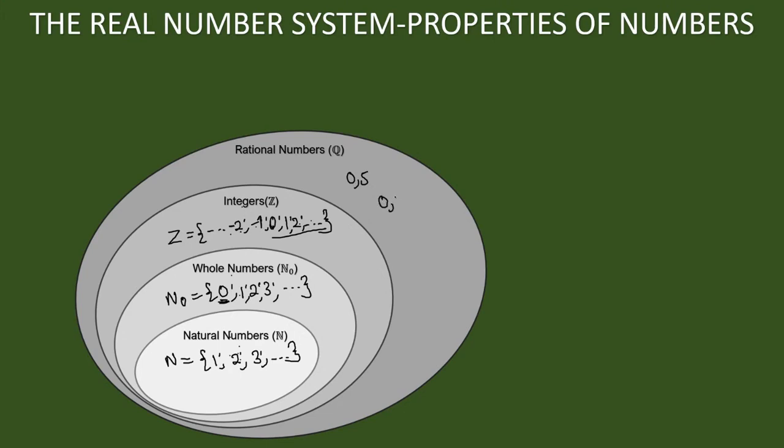Then recurring decimals, like 0.3333. And then common fractions also, for example 2/3. These are rational numbers. So for rational numbers, we have natural numbers, whole numbers, integers. We also have terminating decimals, recurring decimals, and common fractions.